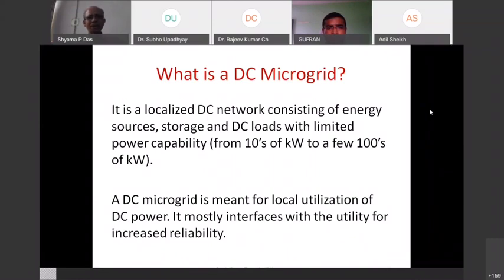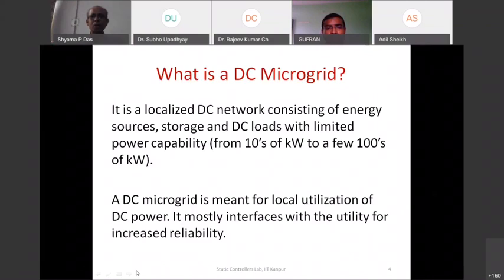It can be higher than that. I mean, these limits are not exact. It can go up to a few megawatts also, but the lower limit is basically a few tens of kilowatts. DC microgrid is meant for the local utilization of DC power, and it mostly interfaces with the utility grid for increased reliability.